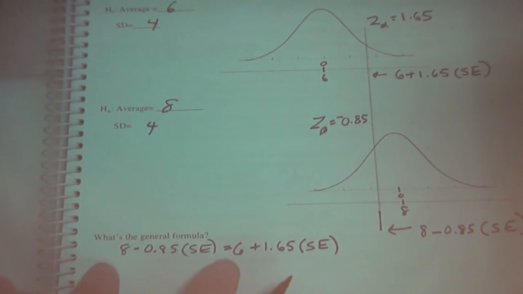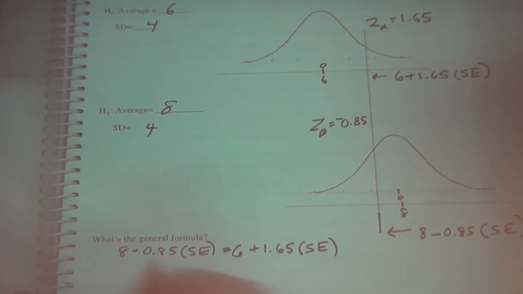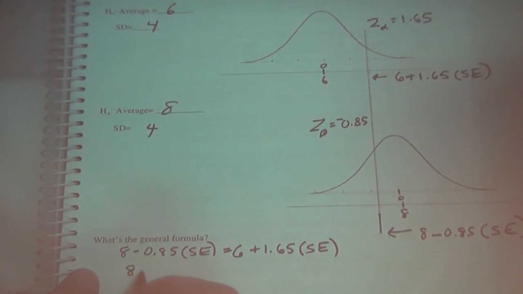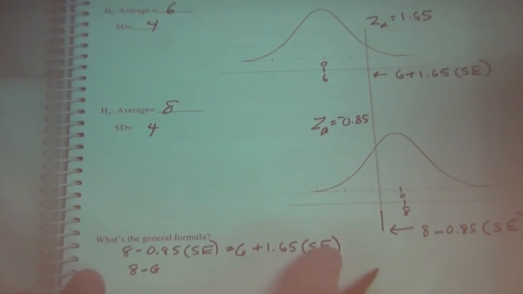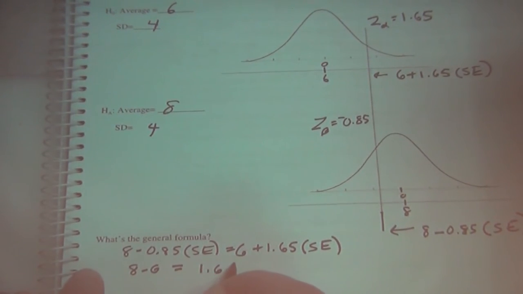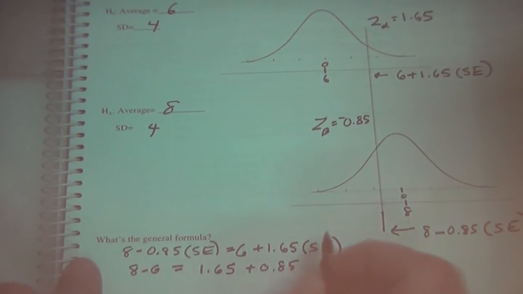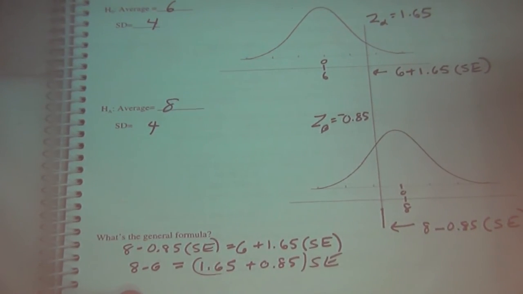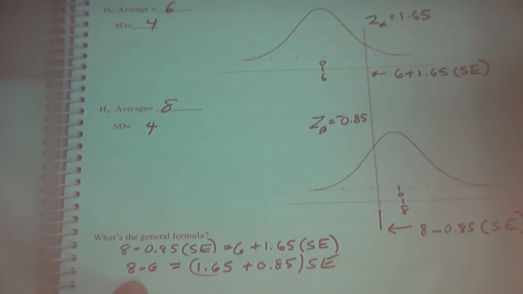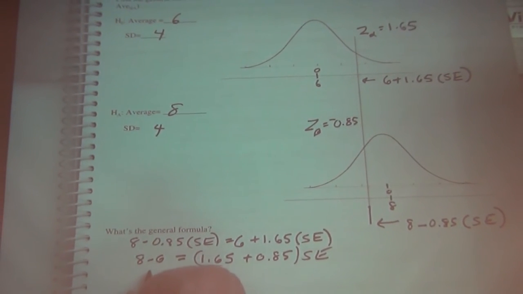All right, now look what happens when we just solve for the standard error, we're going to get the same thing. Here we say 8 minus 6. We'll bring this over to that side. And that's equal to 1.65 plus 0.85, that whole thing times your standard error. Right, and that's what we have. Here is D. This is your hypothesized difference.